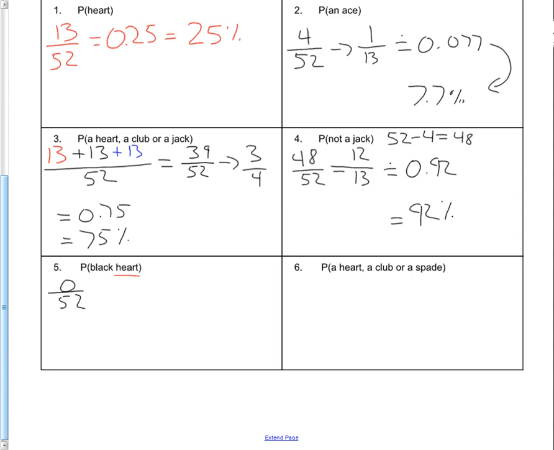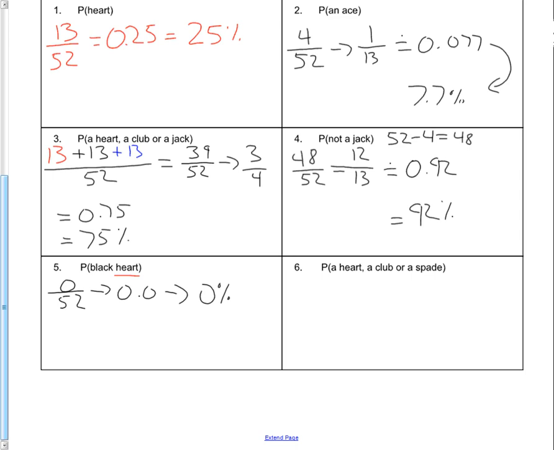So your probability of getting a black heart is actually 0 over 52. And so 0 over 52 as a decimal is 0.0, which as a percentage is 0%. A little bit tricky there, certainly caught me off guard, but there are 0 black hearts in a standard deck of playing cards.